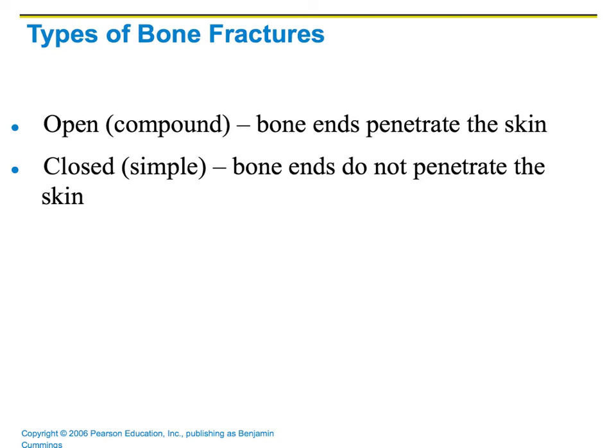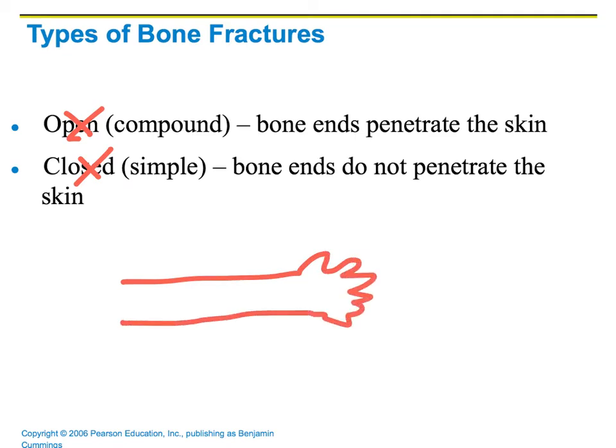And okay, so we're using the word simple and compound to indicate whether the bone ends penetrate the skin. If you have a fracture where the fracture does not penetrate the skin, we're going to call that a simple fracture.